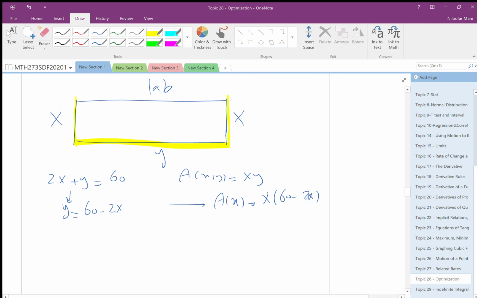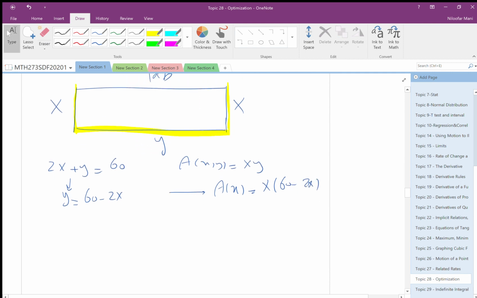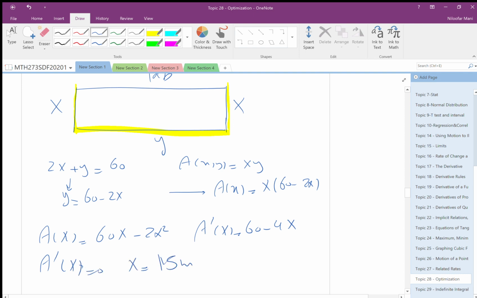Now I have just one variable. So A of x is 60x minus 2x squared, and A prime x is 60 minus 4x. So A prime x equals 0, x is 15 meter, right? 15 meter.